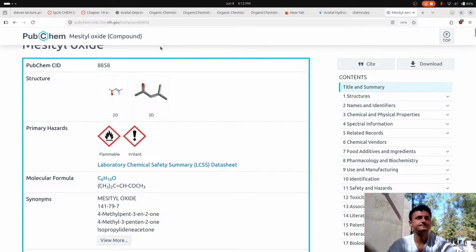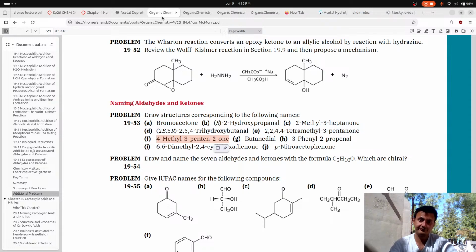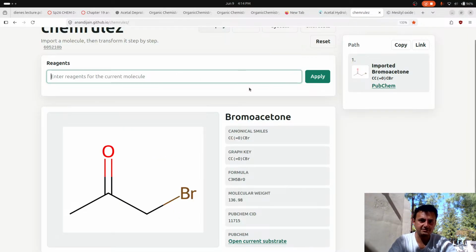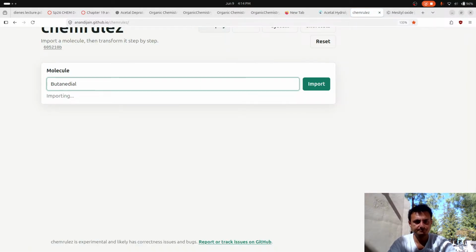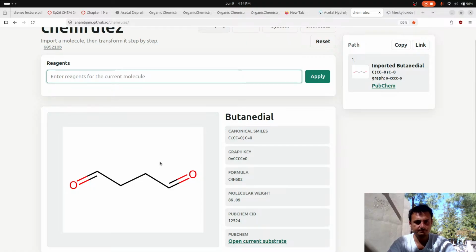Yeah. I don't even know why I was tripping. Butane diol. This one's easy. I feel like this is actually faster. One, two, three, four. Yeah, I just kind of drew it a little differently.